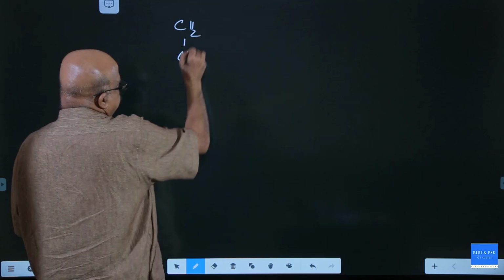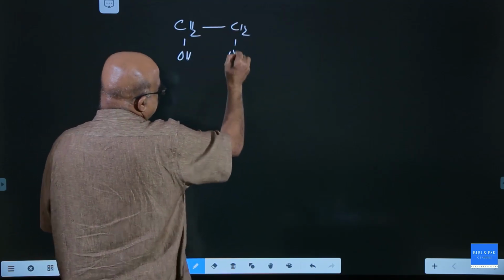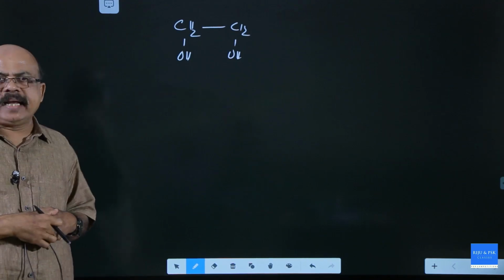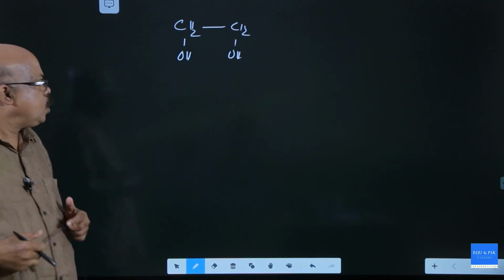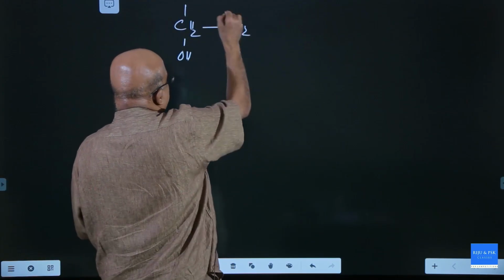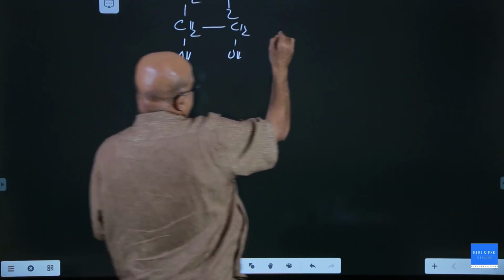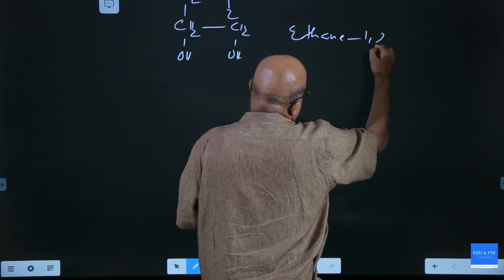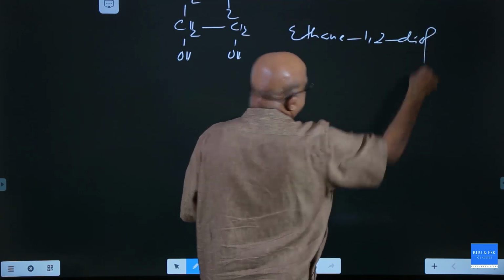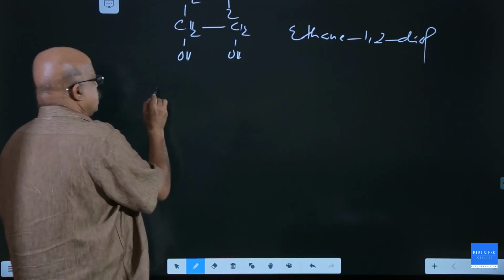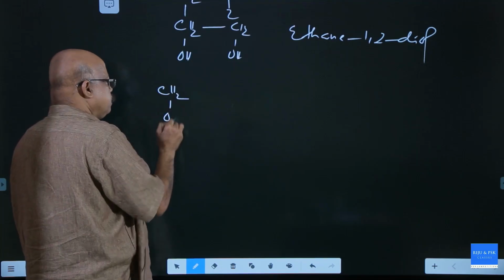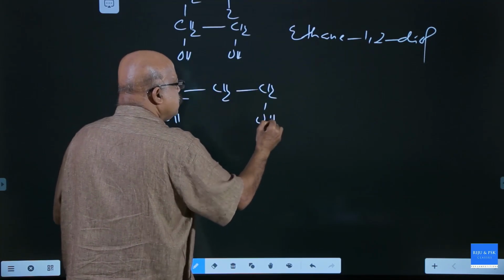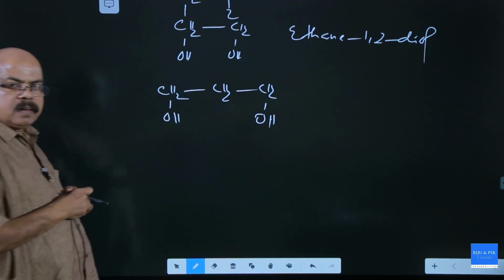It has two OH groups. The parent chain has two carbon atoms. So the name of this molecule is, whatever may be the numbering, ethane-1,2-diol. This has two OH groups.